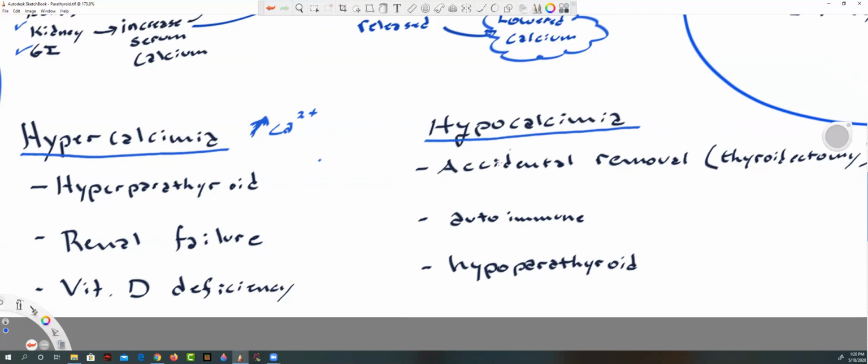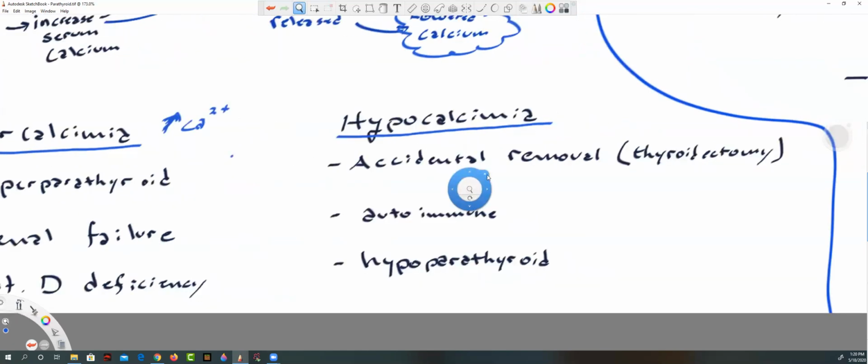Hypocalcemia is not enough calcium in the blood serum, and that could be from an accidental removal, like a thyroidectomy. Let's say the person had thyroid cancer, multinodular thyroid. It was a huge thyroid, and the doctors remove it.